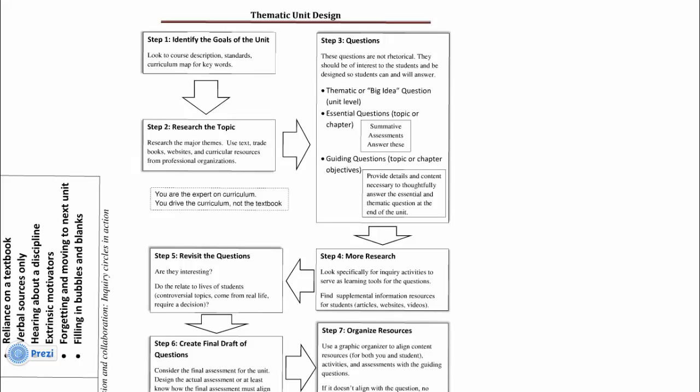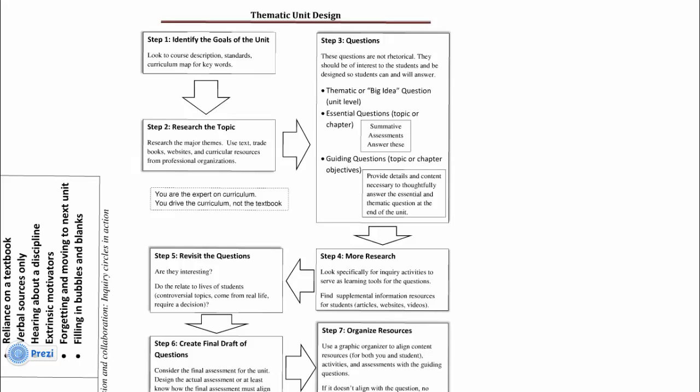And then the guiding questions might be as small as a single topic or a single chapter objective, analogous to a chapter objective in a textbook. Those provide the students with the details about the content, about what we're going to learn, and often are answered within one lesson.